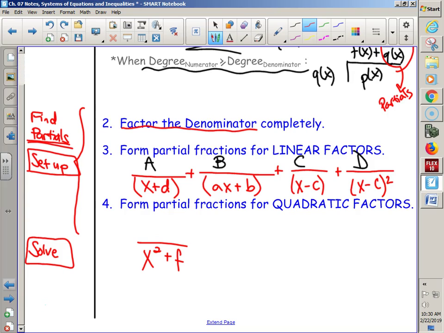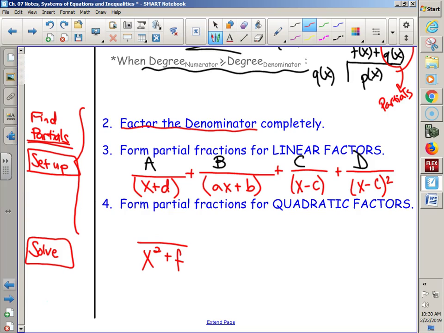Zeros, I bet that would help. So if we find the zeros, x squared equals negative 4, x equals plus or minus the square root of negative 4. x equals plus or minus 2, huh? Are there any real ones? What does that mean?